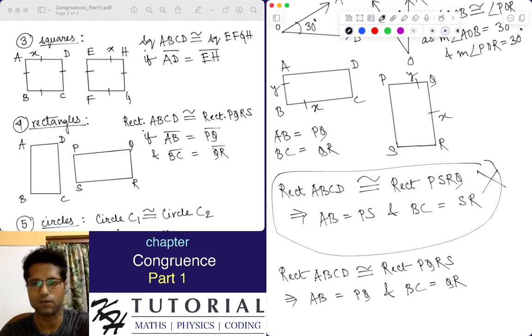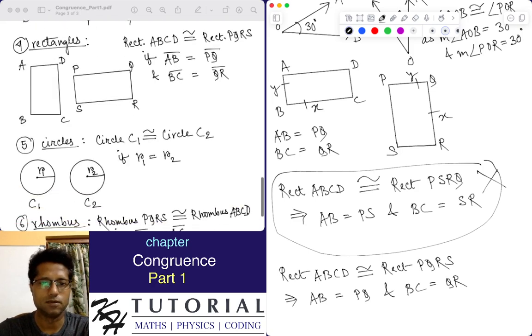So as part of our figure, we have to mention the congruency of these two rectangles as rectangle ABCD is congruent to rectangle PQRS and not rectangle PSRQ. So you have to be careful about this. Okay, so this was about congruency between two rectangles. Two rectangles will be congruent only if they have the same length and breadth.